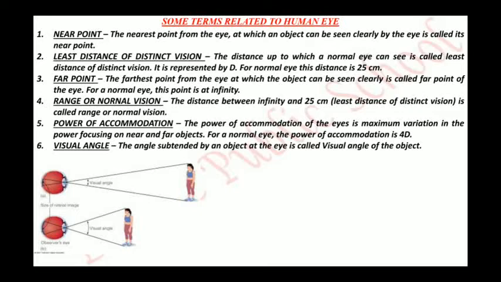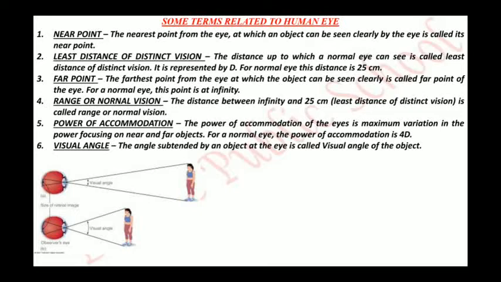Now what happens if that person comes nearby? That visual angle increases. The visual angle also depends upon the distance of the object from your eye. Moreover, it is very difficult to analyze triangles like this.